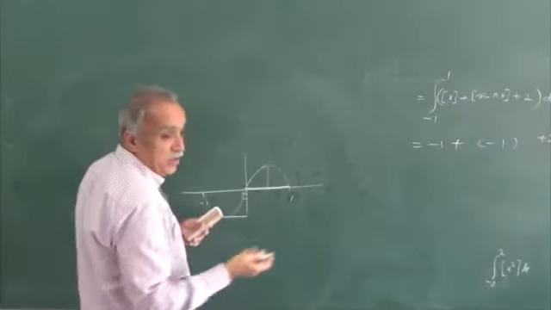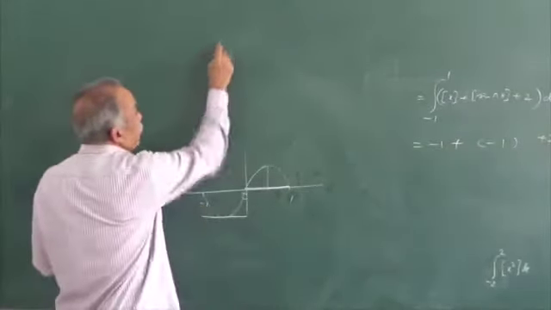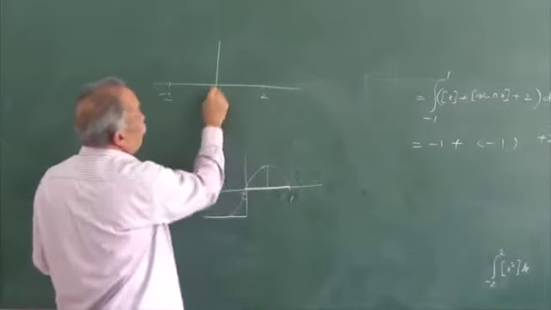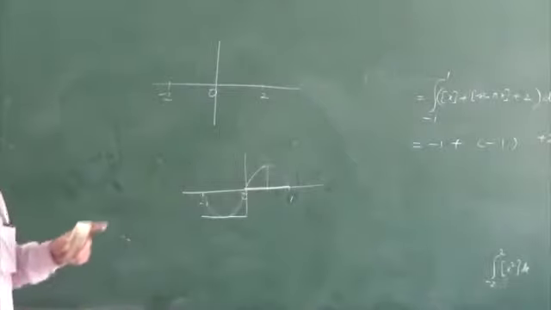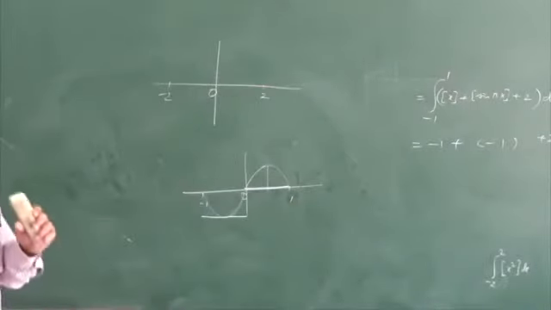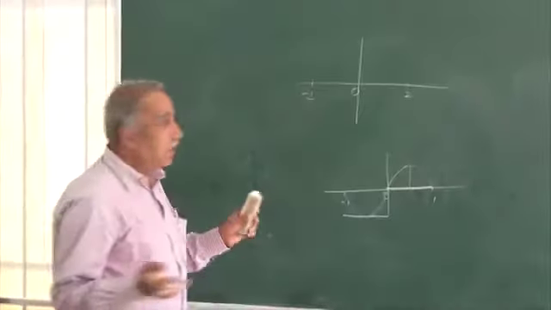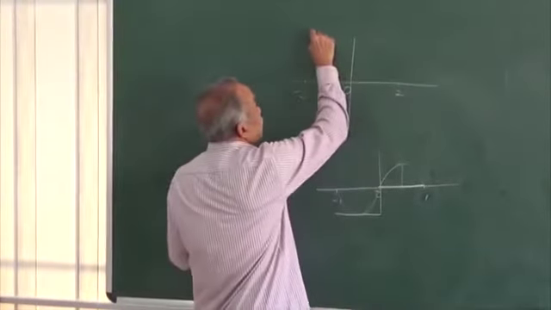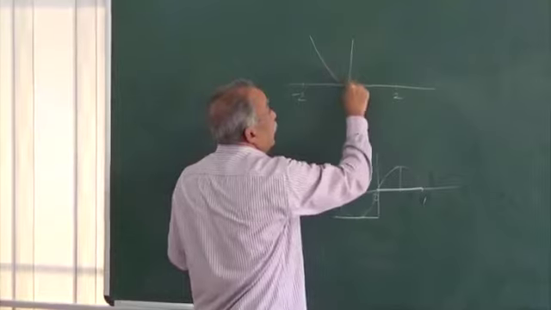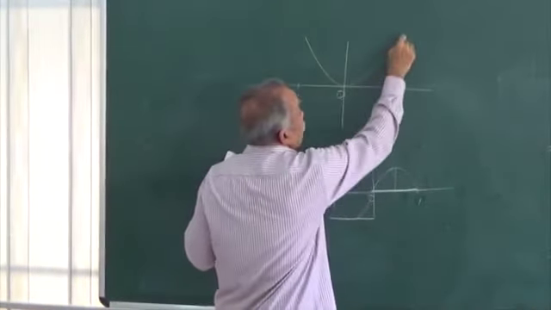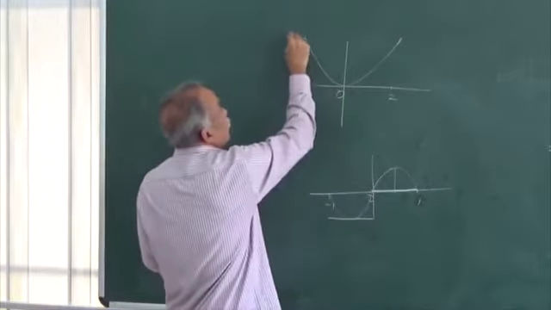Minus 2 to 2, integer part of x square. For the simple function x square, without the integer part symbol, the graph is a parabola with vertex at the origin, and end points at minus 2, 4 and 2, 4.